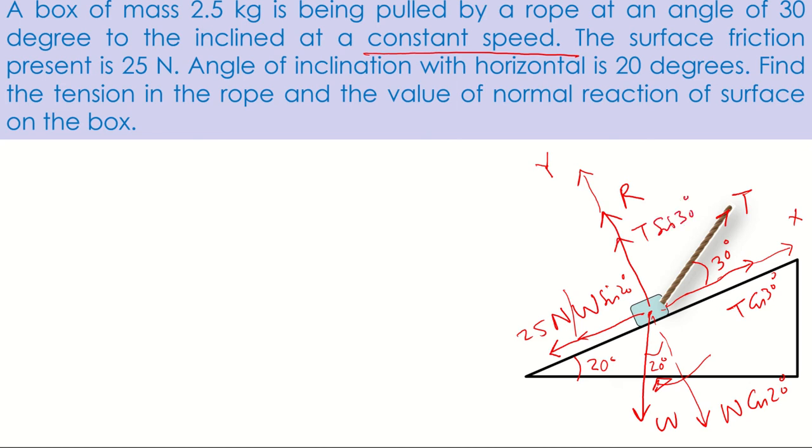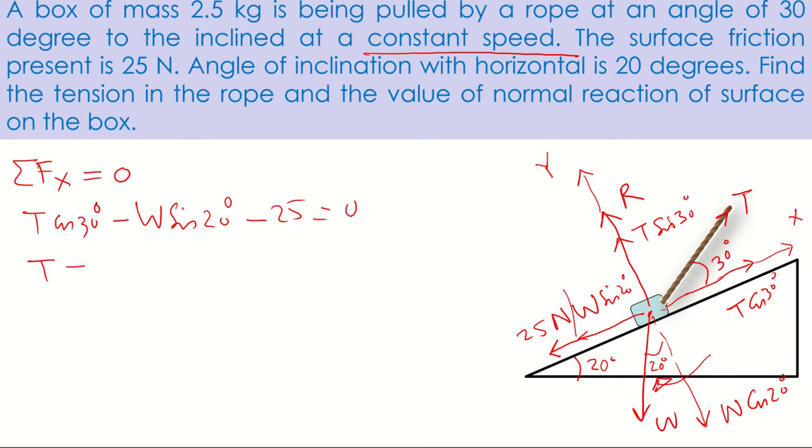So sum of forces along x direction equal to 0. So I can write T cosine 30 minus W sine 20 minus 25 equal to 0.